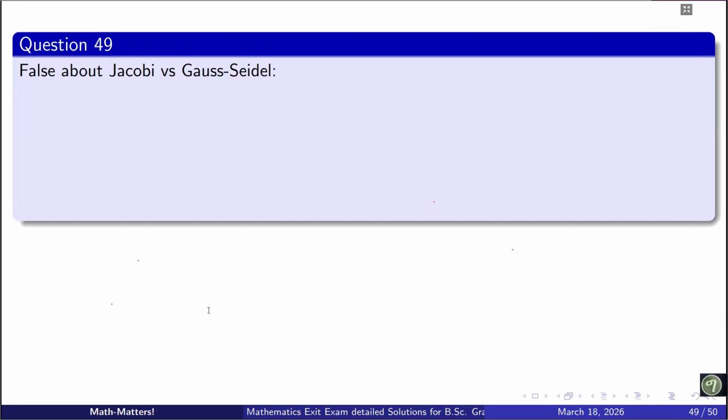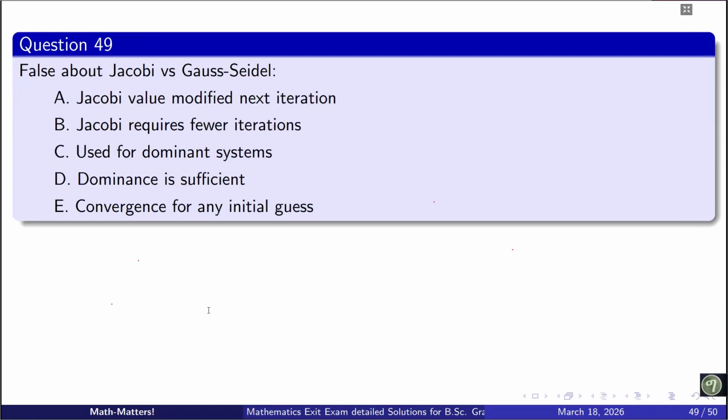This question is selecting a false statement about the Jacobi versus Gauss-Seidel method in numerical analysis. The first one is Jacobi uses values modified in the next iteration. Jacobi requires fewer iterations. Used for diagonally dominant systems. Dominance is sufficient for convergence for any initial guess.